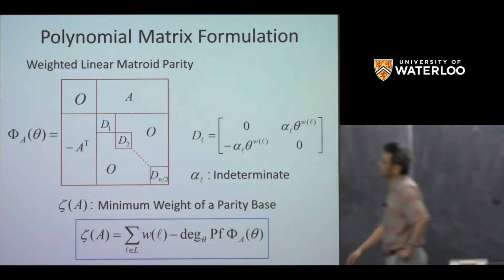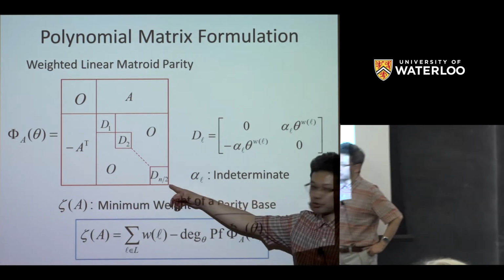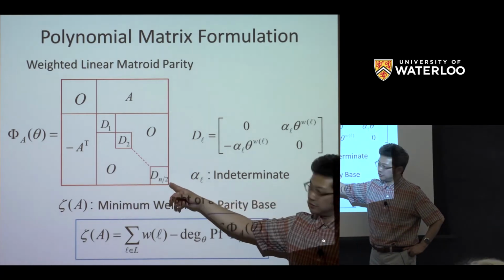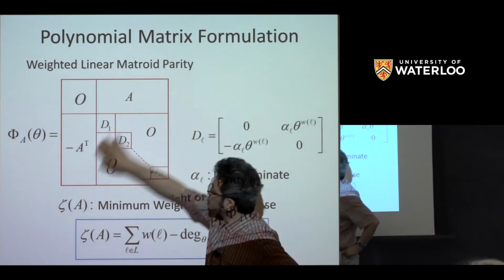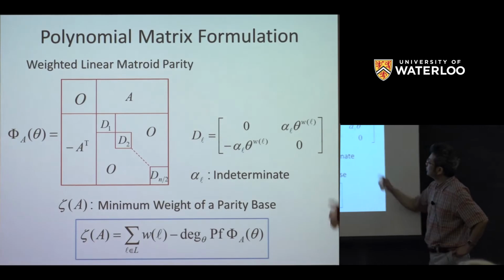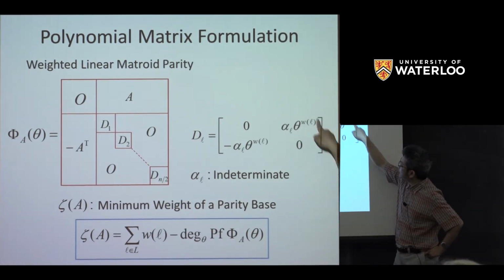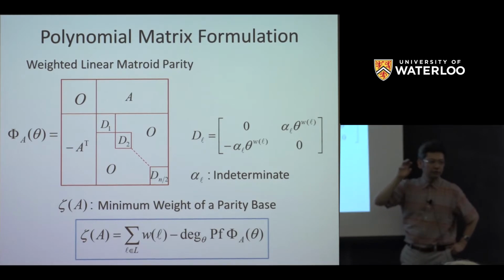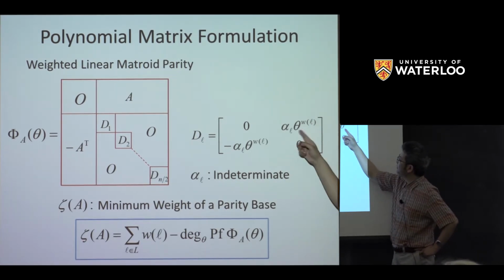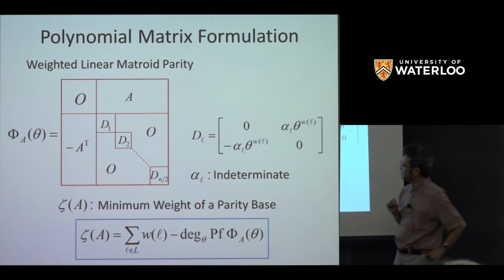So what is a polynomial matrix formulation? Here is a polynomial matrix, a skew-symmetric polynomial matrix in theta. This is quite the same as before, but in these diagonal blocks, we have this indeterminate alpha_l times theta to the weight. Here, in the exponent of theta, we have the weight of each line.